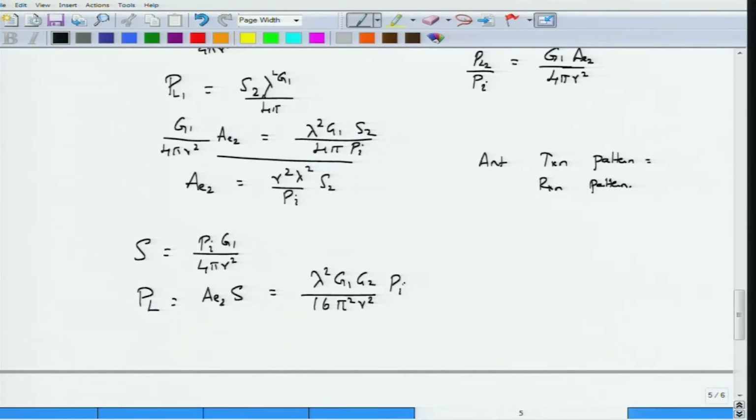This formula is known as the Friis formula or Friis transmission formula, and it tells you that if you start with a power Pi and two antennas whose gains are G1 and G2, the power eventually available at the load or the output terminals of the antenna is inversely proportional to r square, directly proportional to the product of the two antenna gains, and also proportional to lambda square.